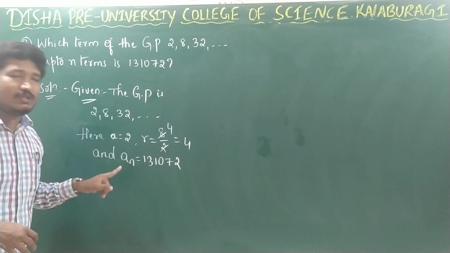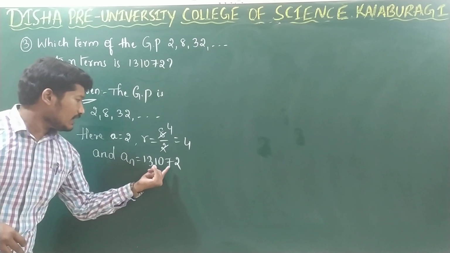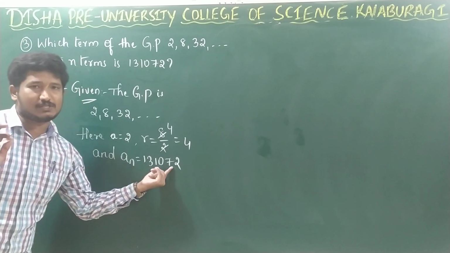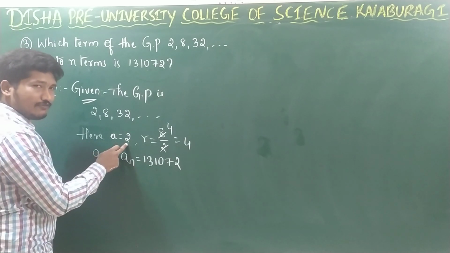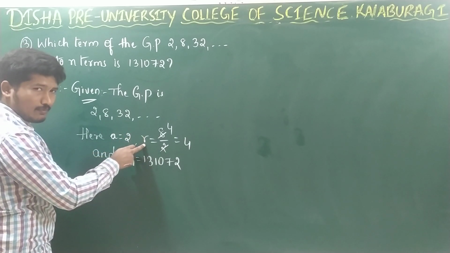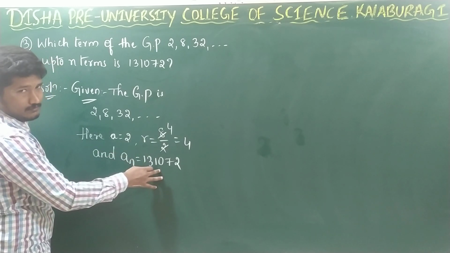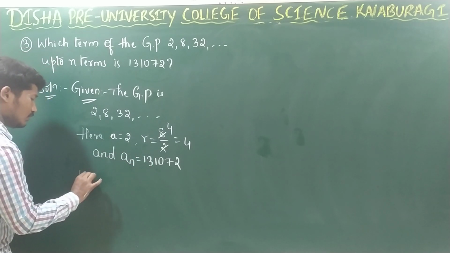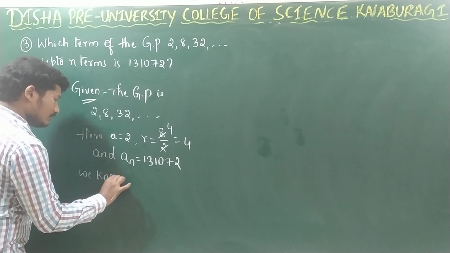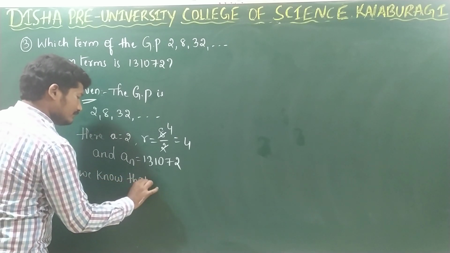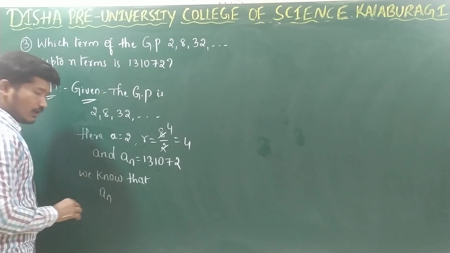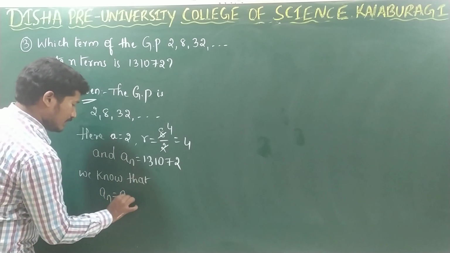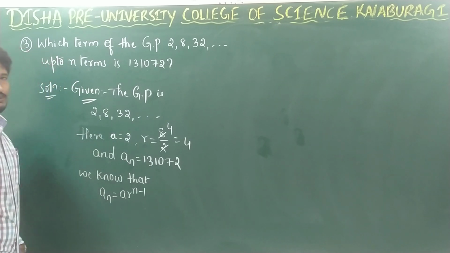So let us find the value of n and see at which position this term is present, right? See here, we have the value of a, we have the common ratio, and we have the nth term, right? So here we know that the nth term of the geometric progression is given by a into r power n minus 1.